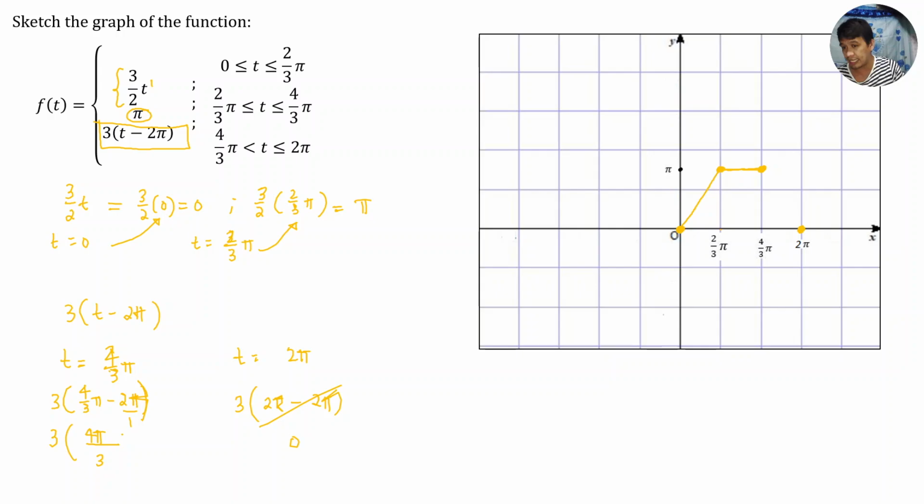Then 3 cancels out. Then we have 4 pi minus 6 pi is negative 2 pi. So, ibig sabihin, for t is 4/3 pi, the value is negative 2 pi.